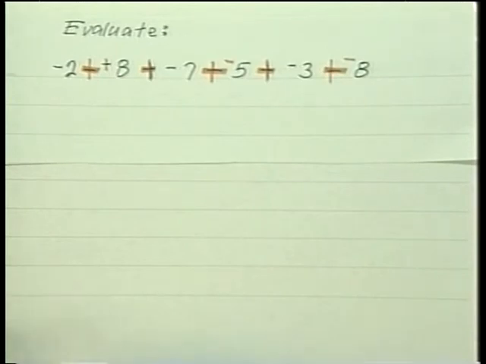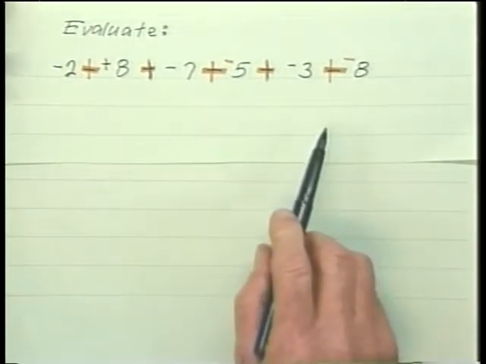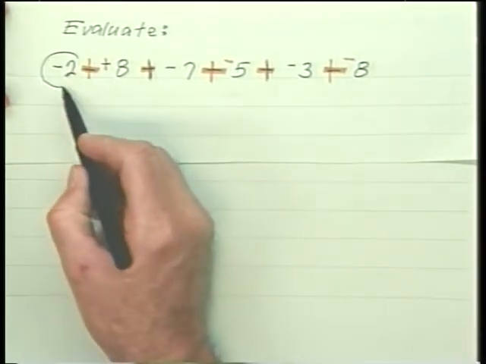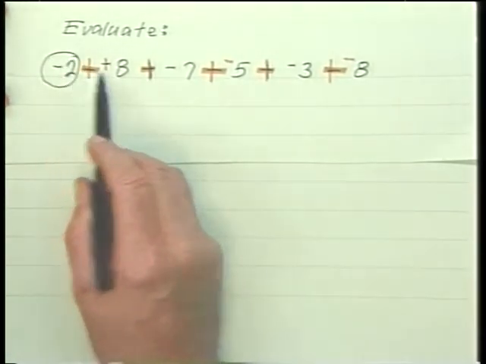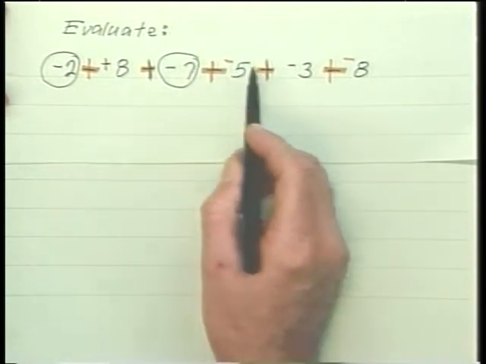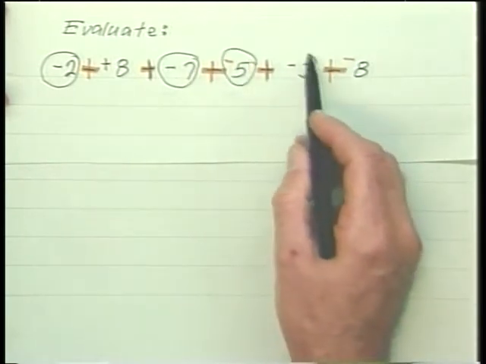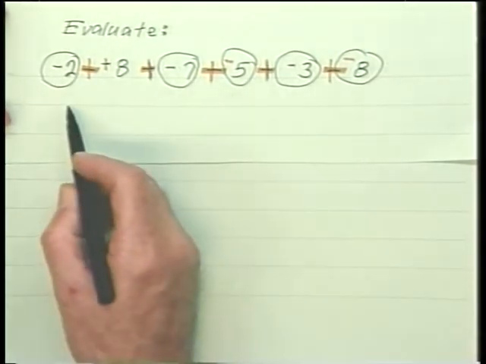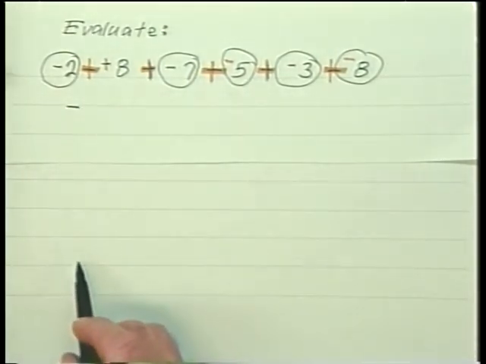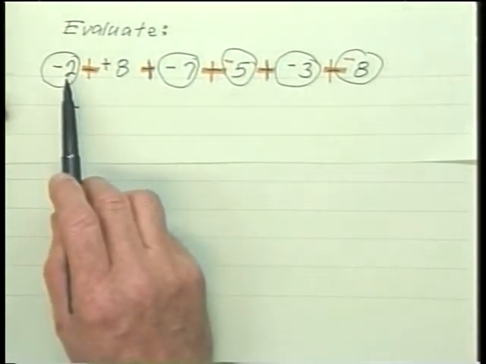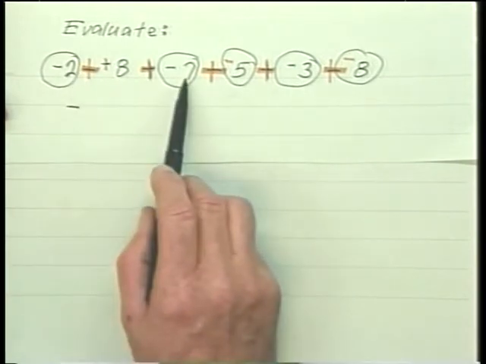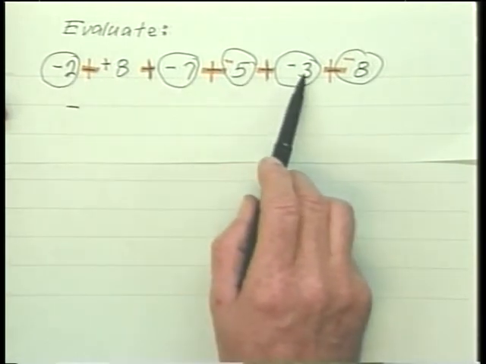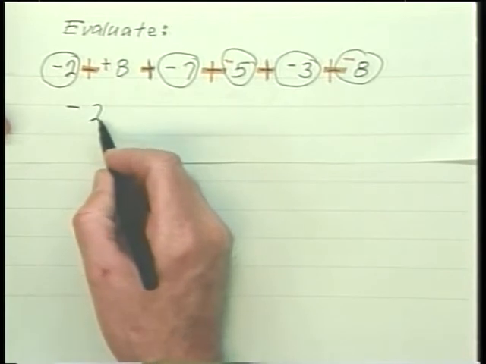Now just go through and concentrate on addition alone. And in addition, I'll find all the like signs first. So there's a negative, there's a negative, there's a negative, there's a negative, there's a negative. So I know the sum of negatives will be negative. So I concentrate on their absolute values. 2, 9, 14, 17, 25.